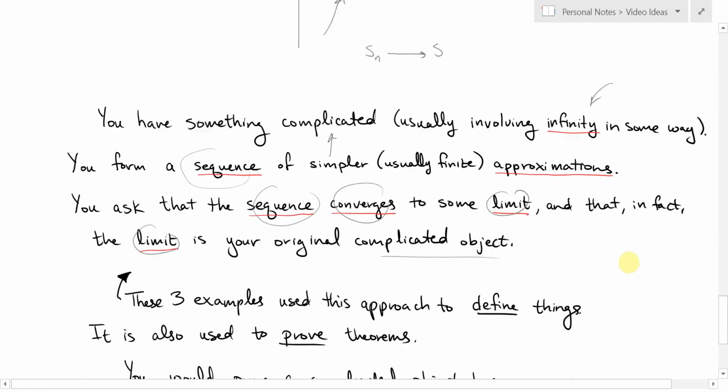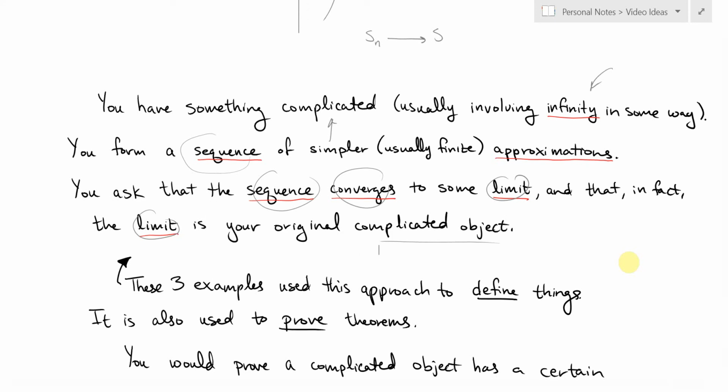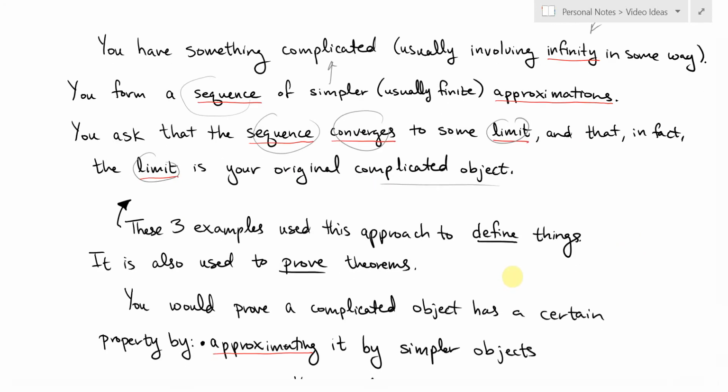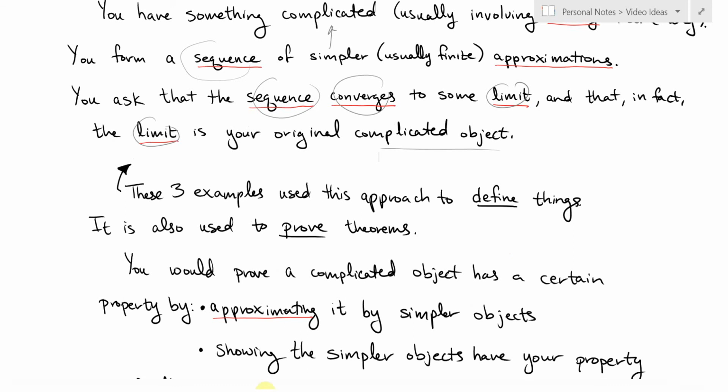So the 3 examples that we just saw use this approach to define things, right? We would define what it means to take an infinite sum, or the derivative, or an integral. But it can also be used, and it is used in analysis, to prove theorems. So the approach there is to prove that a complicated object, and I know I'm being very vague about what this actually is because it applies in so many different contexts, has a certain property.